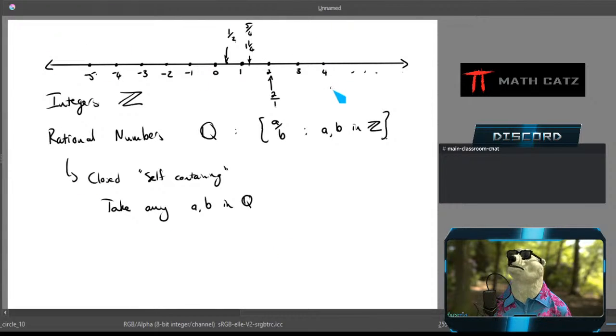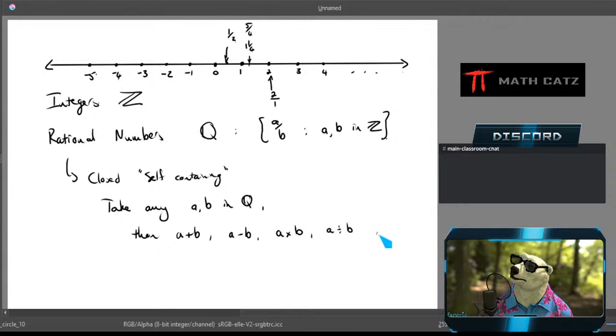If I take any one of these on the number line, could be a little fraction, could be a nice whole number, doesn't matter. Then I'll just write it informally here to not bother people too much. Then if I add them, if I subtract them, if I multiply them, if I divide them, they're all still answers that are rational numbers.